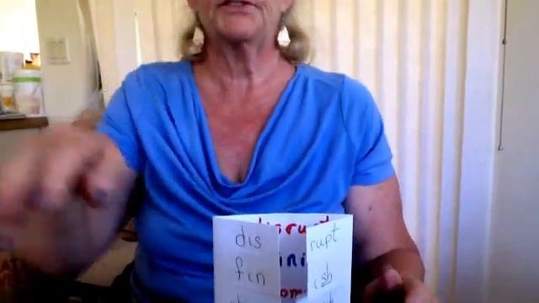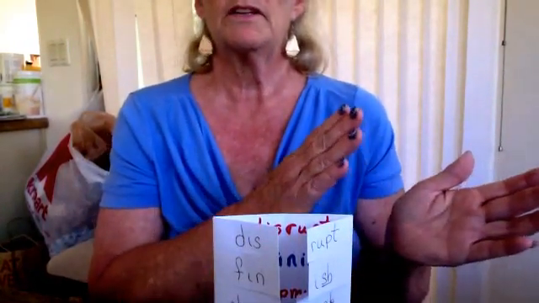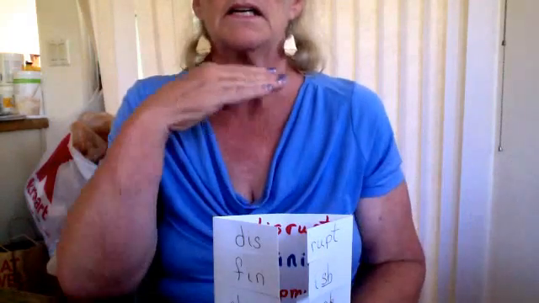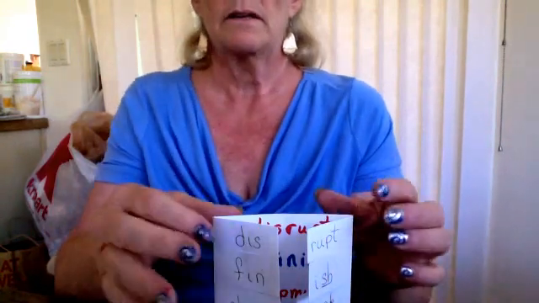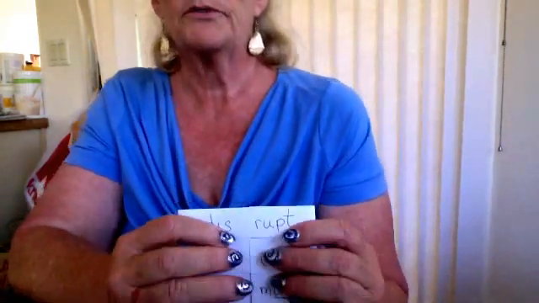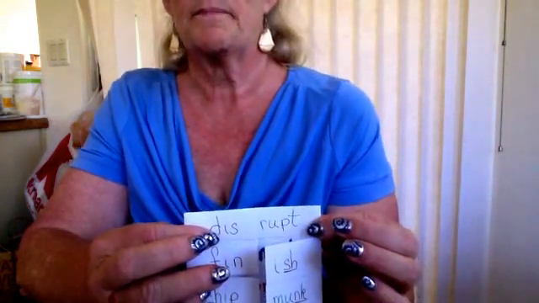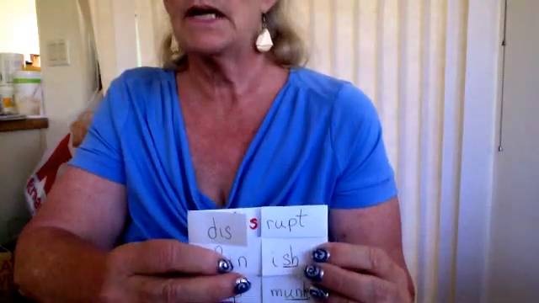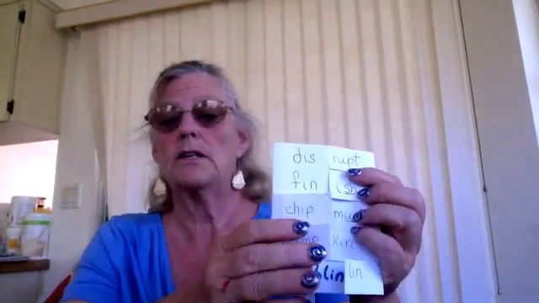If we take our word disrupt, you hear dis-rupt. So our syllables really are made up of the vowel sound that we hear. And when you're looking at closed syllables, those vowel sounds are always going to be short.